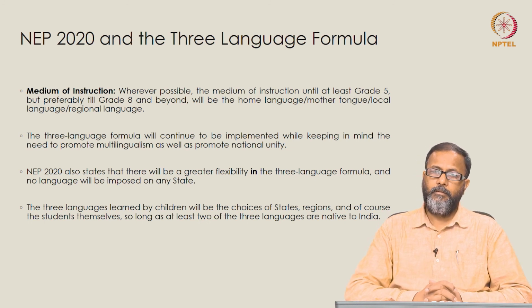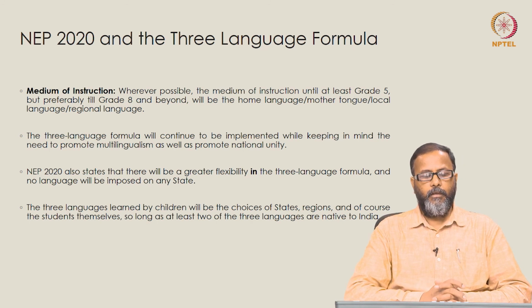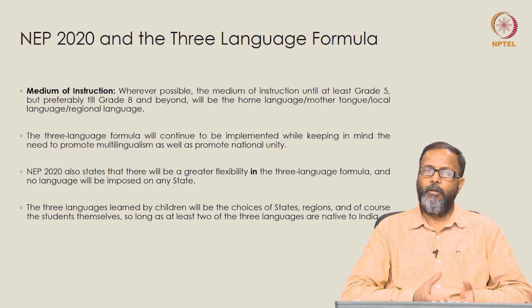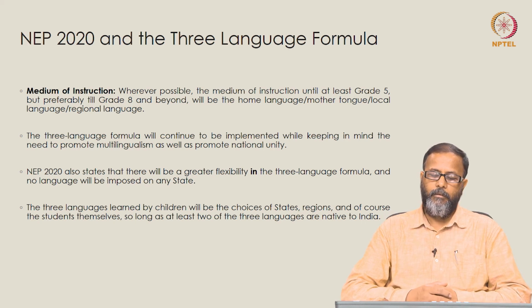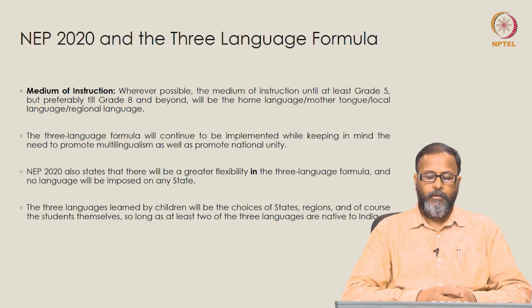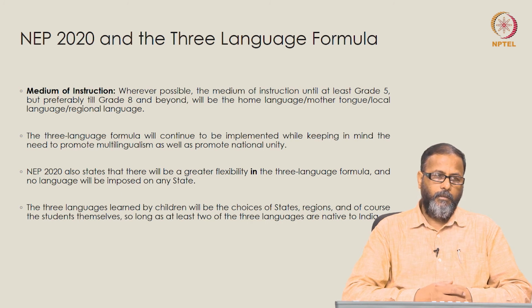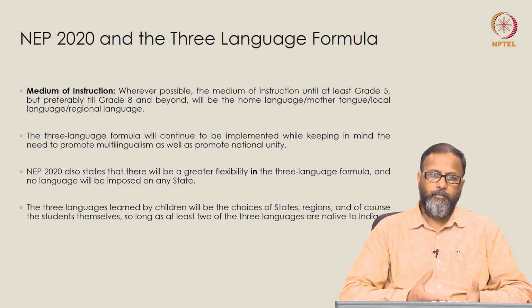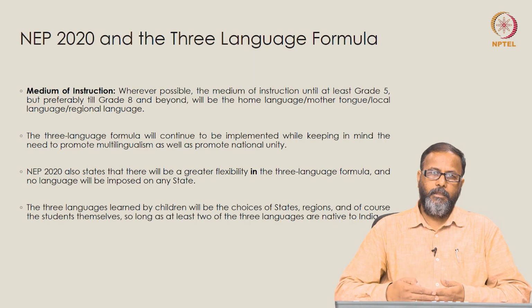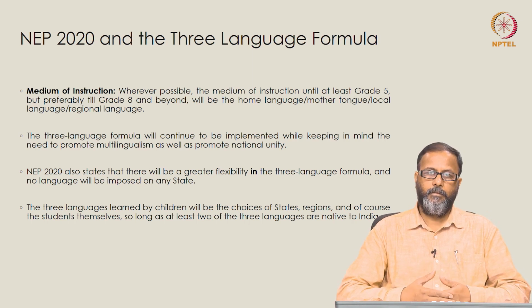Maybe there are cases where your mother tongue may not be the language of the local government. May be the case that your mother tongue may not be the language of the local population. So we have multi-layered identities: mother tongue, home language, local language, regional language.